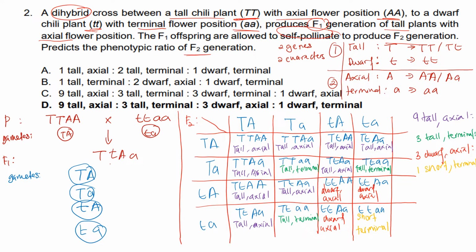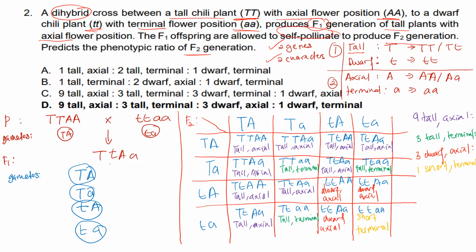For this question, you have to understand that a dihybrid cross involves two genes that control two characters, which is why we call it a dihybrid. So you have to extract all the information given in the question. It tells you that the tall phenotype is the dominant phenotype, so it is controlled by the dominant T allele.